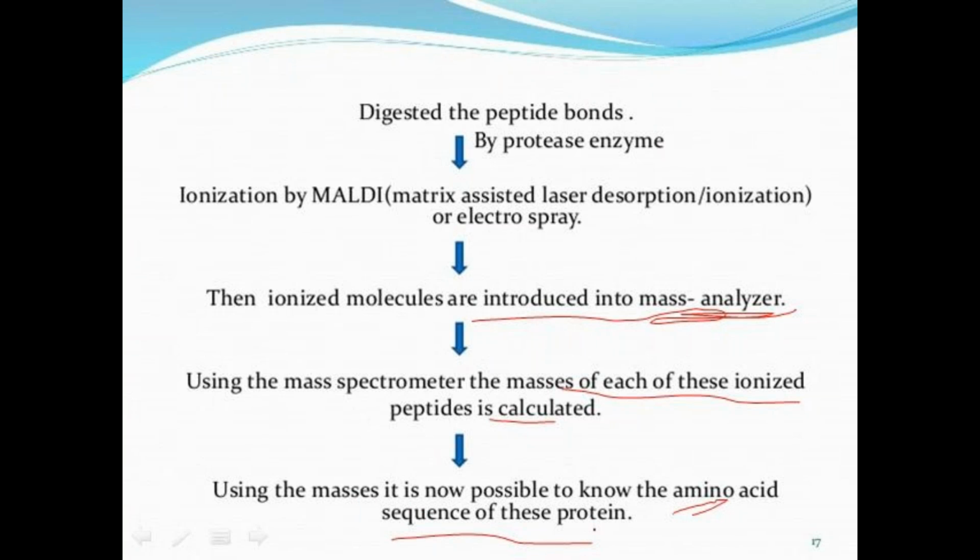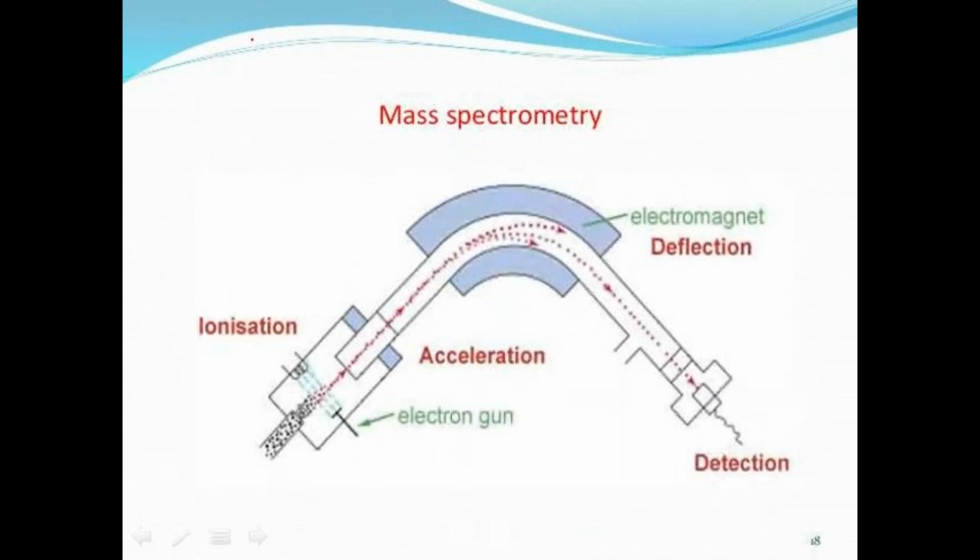This is the method involved: first, the digestion of the peptide bonds, next ionization, and the ionized molecules are introduced into the instrument, which measures each ionized peptide. By using this, we can determine the amino acid sequence of the protein.